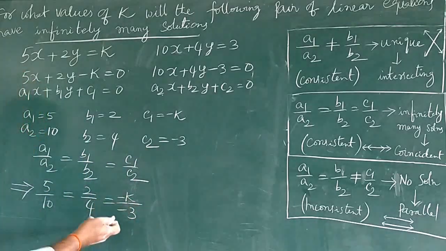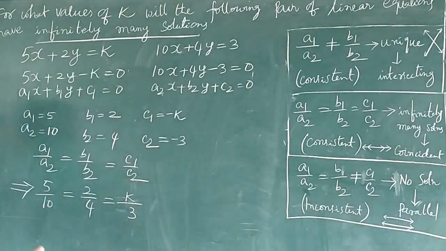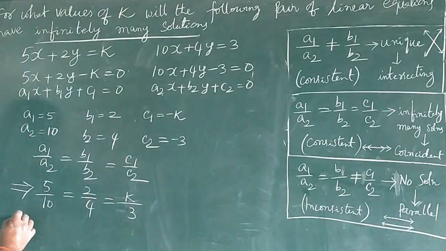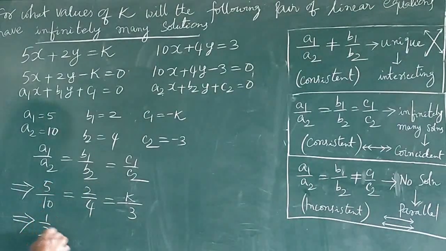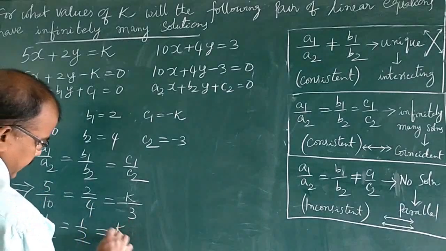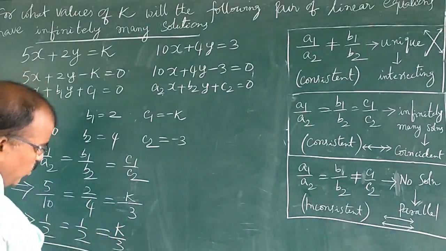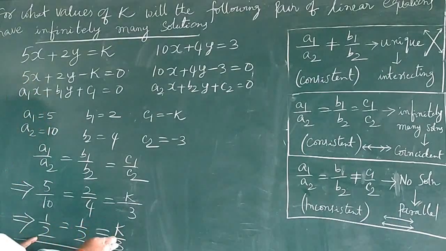Minus and minus cancel, so you can write k by 3. This implies 5 by 10 is equal to 1 by 2, 2 by 4 is equal to 1 by 2, and that is equal to k by 3.